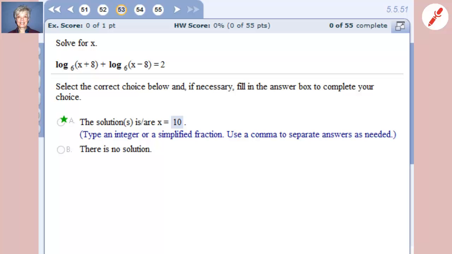Okay, another one of those problems. Log base 6 of x plus 8 plus log base 6 of x minus 8 is going to be log base 6 of x plus 8 times x minus 8 equals 2.